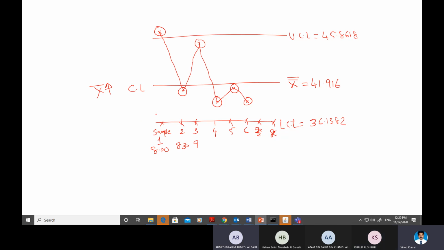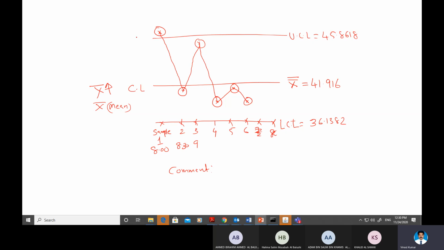Now this is called a control chart, but one of the points has gone out of the control limit. See what we are plotting on the y-axis: x bar, the mean value, the average values. What we are plotting on the x-axis: sample 1, 2, 3, 4, 5, 6. But one of the values has gone out of the limit. So your comment will be, what is the result of analyzing the graph?